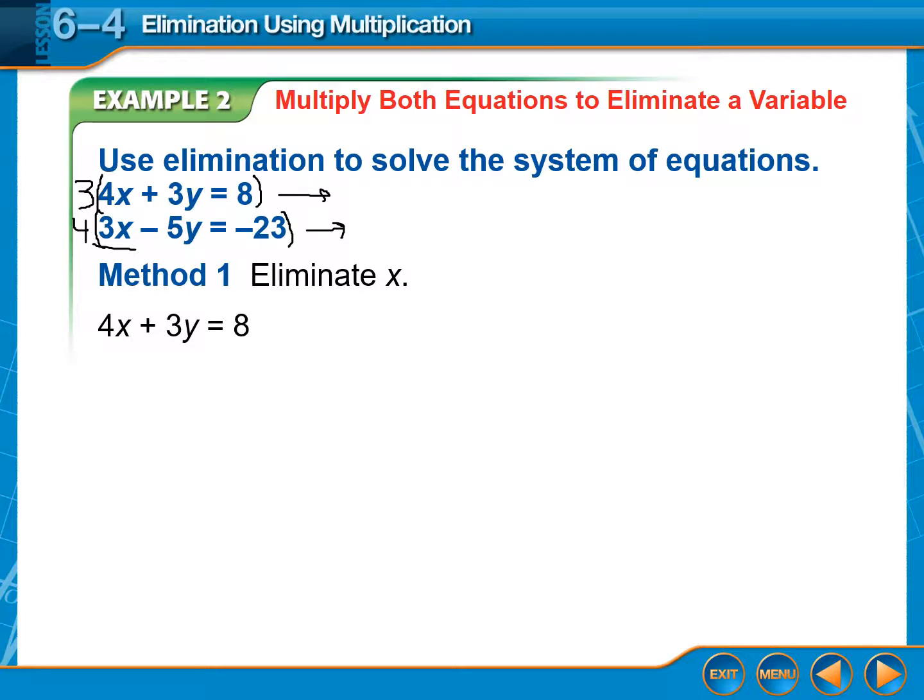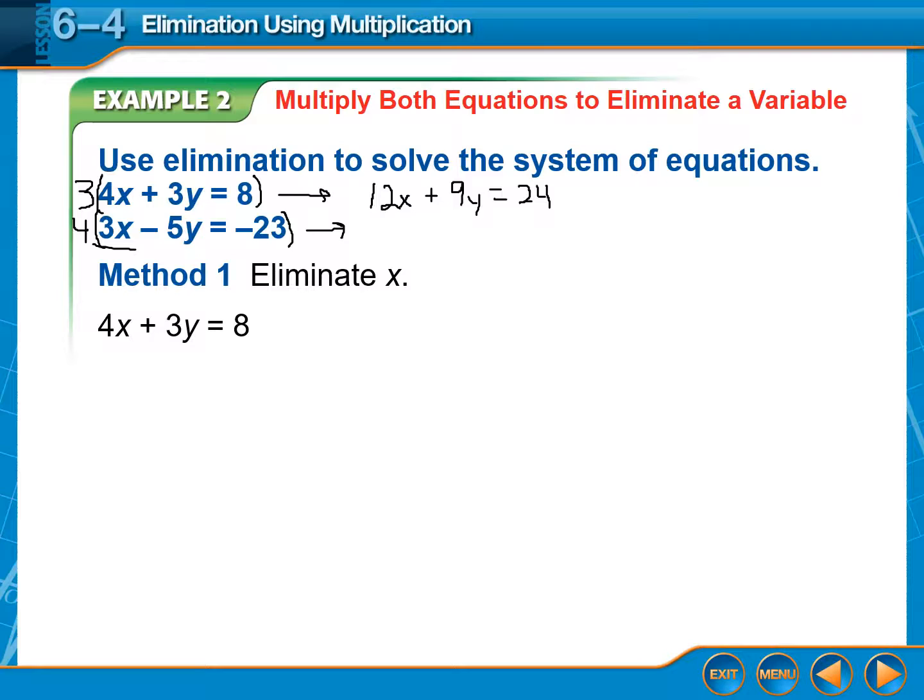So 3 times 4x is 12x. 3 times 3y is 9y. And that's equal to 8 times 3, which is 24. So by multiplying that first equation, 4x plus 3y equals 8, by 3, it gives me 12x plus 9y equals 24.